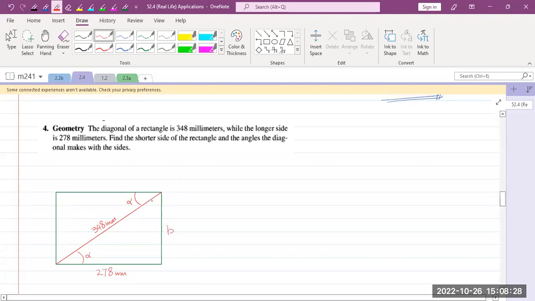Now the other angle is this angle, let's call it angle beta here, which is congruent to this one. Now notice that angle alpha and angle beta are congruent. Let me call this side H instead, the height.